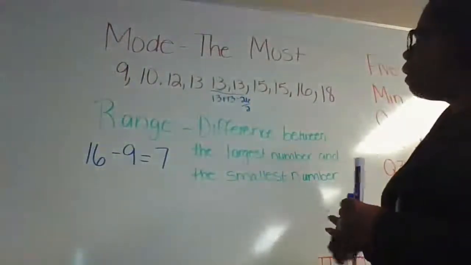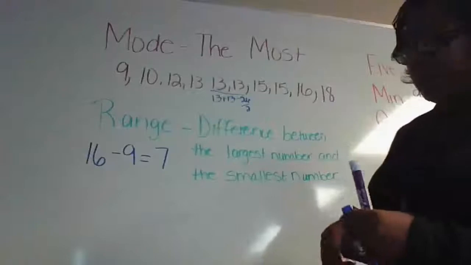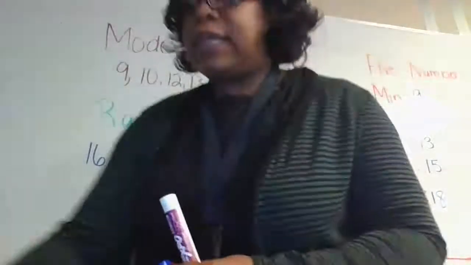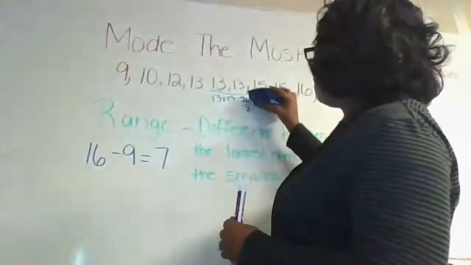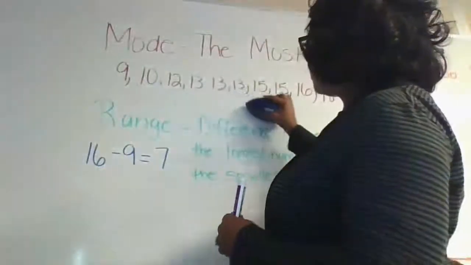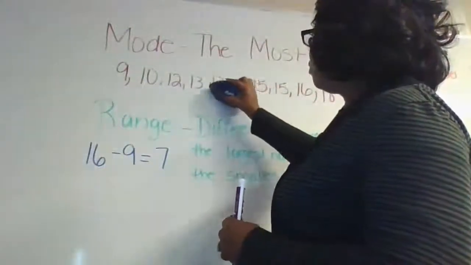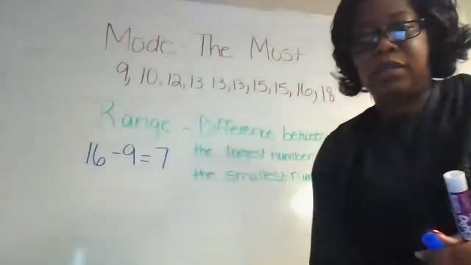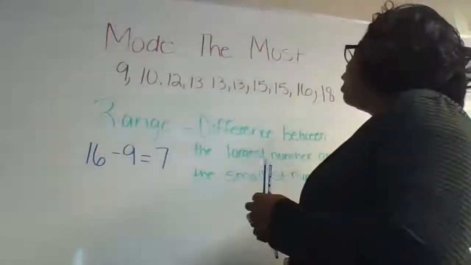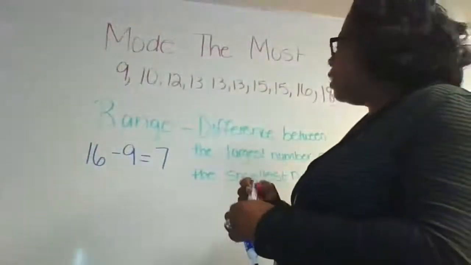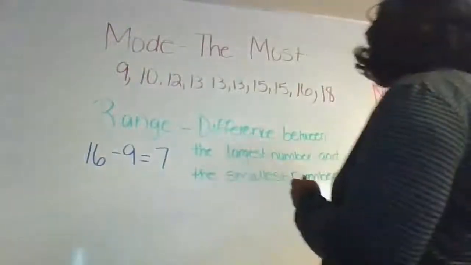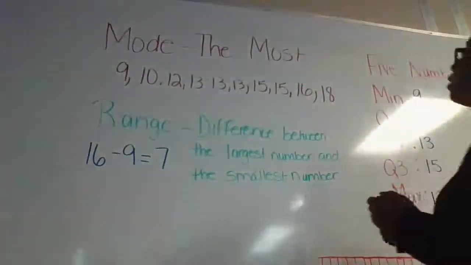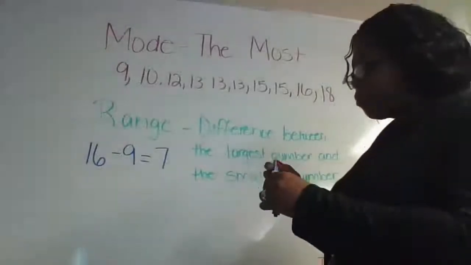So the median would be 13. Cool, no problem. Now, that doesn't always happen. Your two middle numbers are not always the same number, so don't just assume that because it's two middle numbers, it's going to be 13. Oh, it was always 13, huh?